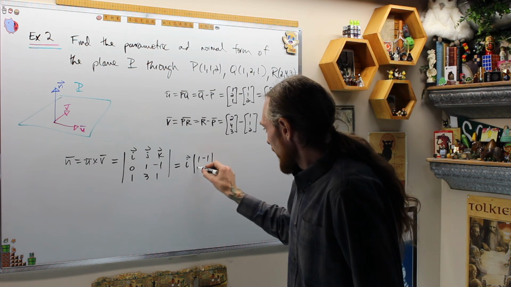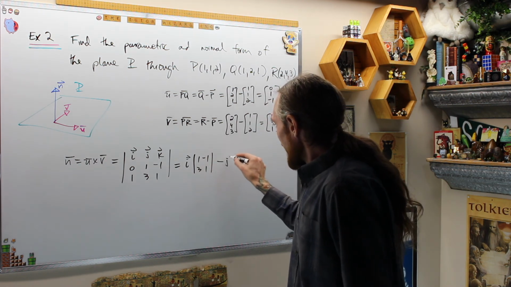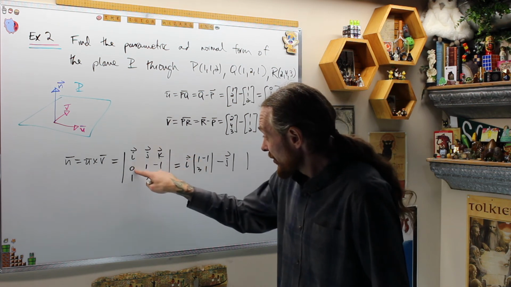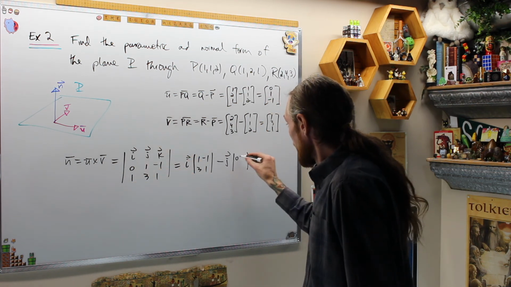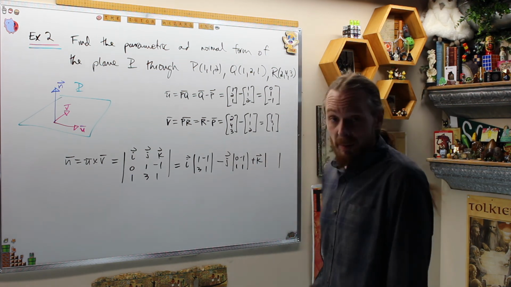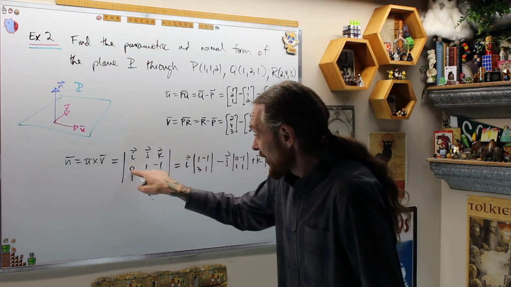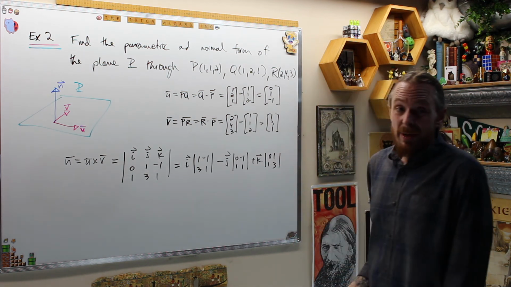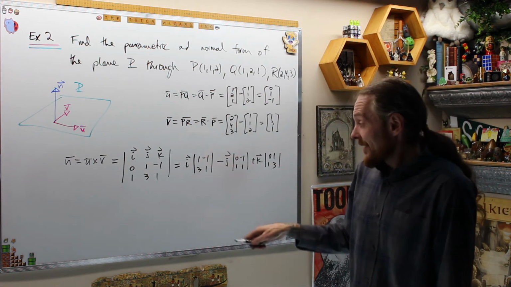So 1, minus 1, 3, 1. Minus j times the 2 by 2 determinant by blocking off row 1 and column 2. So 0, negative 1, 1, 1. And plus k times the 2 by 2 determinant by blocking off row 1 and column 3, which will be 0, 1, 1, 3.